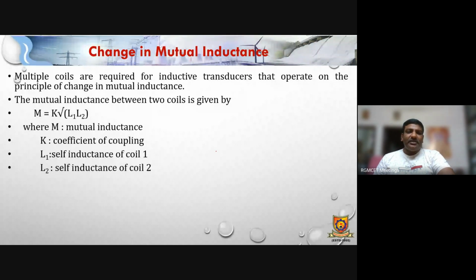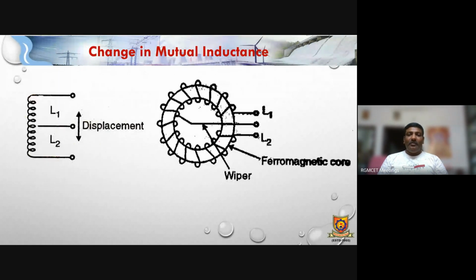So mutual inductance. Two coils are going to be placed, and between the two coils we are going to get the mutual inductance value. So coil 1, coil 2. Here we can observe there are two coils, L1, L2. Two inductance windings are there, because we are going to tap at certain distances.